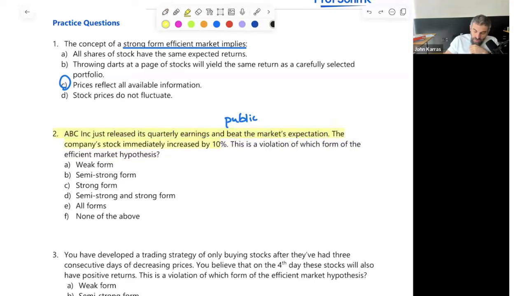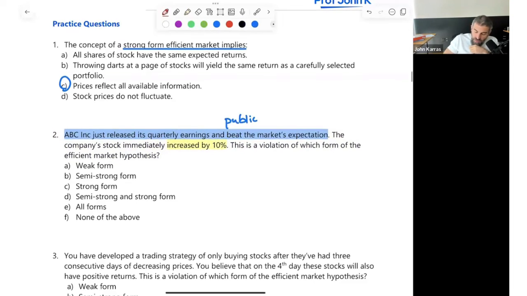So what's going on here? There is no violation, because when the information is reflected in the price, there is no violation of the efficient market hypothesis.